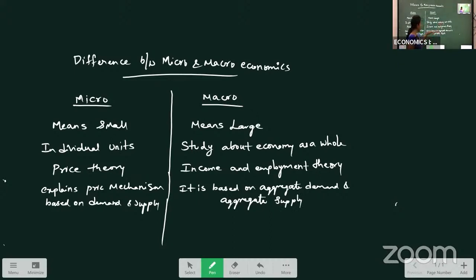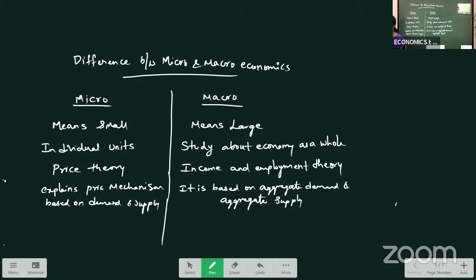So whatever changes in price there are, they are based on aggregate demand, that means total demand in the country and total supply in the country, right? Whereas in micro, as we are studying individual units, it is based on individual units' demand and supply.